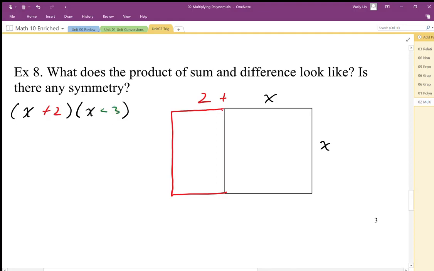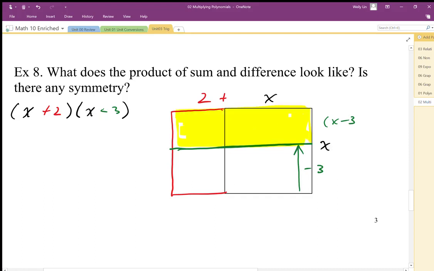Minus 3 is going to mean I'm going to take away 3. So this length in here is going to represent x minus 3, and the area that I end up with will be this area here. I've lengthened one side, I've shortened the other side, and this is my resulting area.